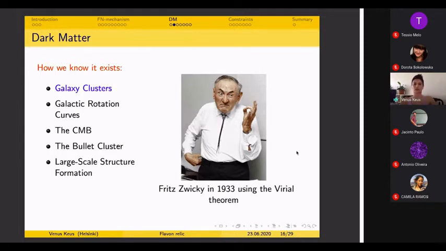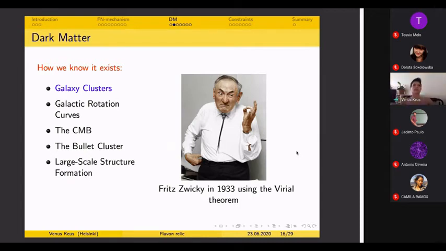The term dark matter was coined by Fritz Zwicky in the 30s, when he looked at galaxy clusters and, using the virial theorem, looked at the kinetic energy and the potential energy in the system, seeing how this galaxy cluster is rotating.